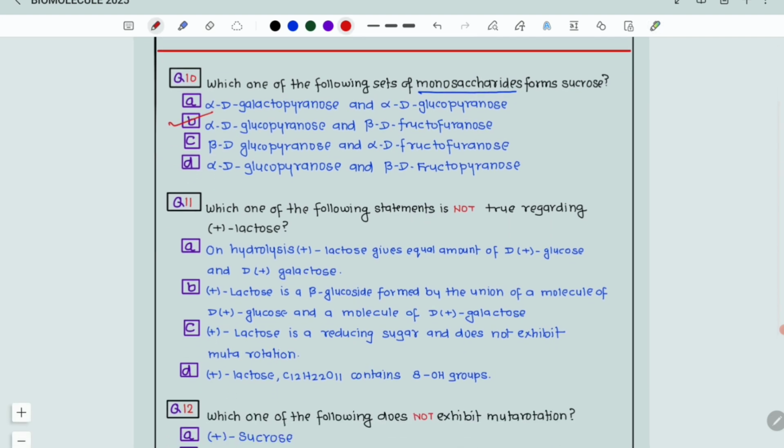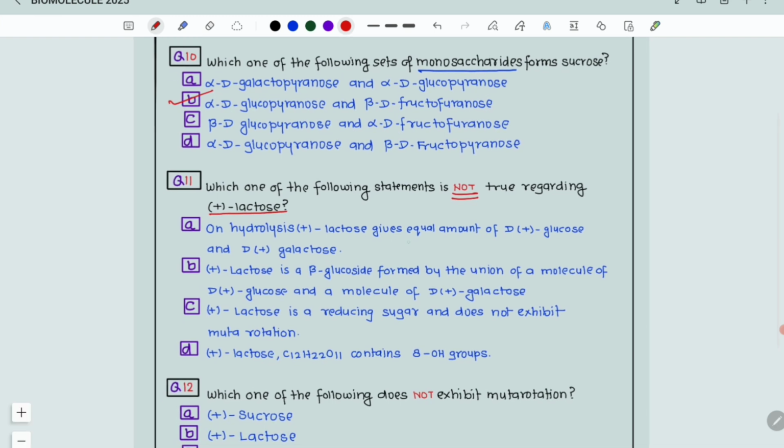In the next question, which one of the following statements is not true regarding (+) lactose? On hydrolysis, lactose gives equal amounts of glucose and galactose. Yes, it is correct. Second, lactose is a beta glucoside formed by the union of a molecule of D(+) glucose and a molecule of D(+) galactose.